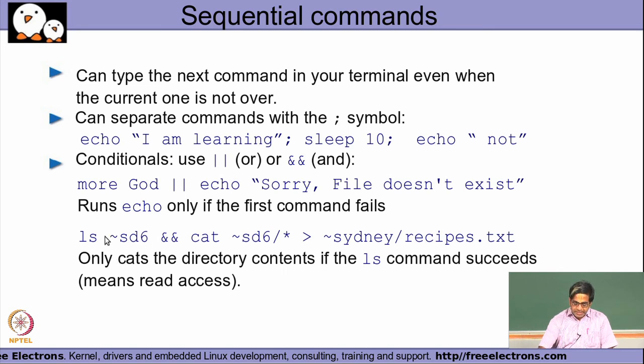So, in this way we can use a conditional operator like OR or AND to make the commands execute in a sequential manner depending on what has been the output of the previous command. The next command can either be run or not be run by using the appropriate logical conditional operator. Thank you.